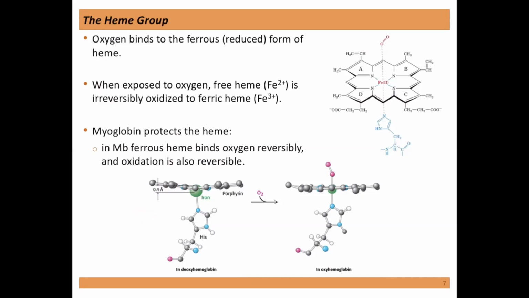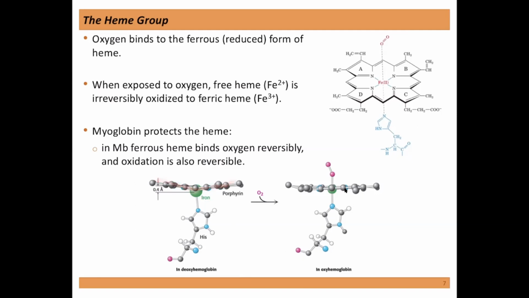These are referred to, when we talk about hemoglobin, as the tense state and the relaxed state. The relaxed state just means the porphyrin ring is more planar, where here it's deflected out of the plane.